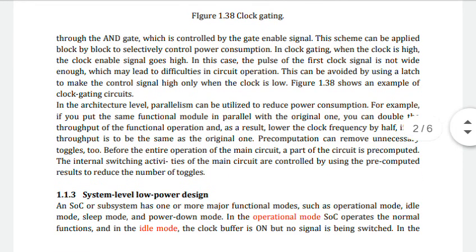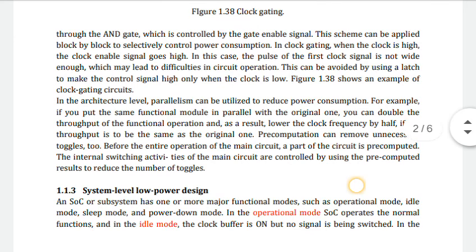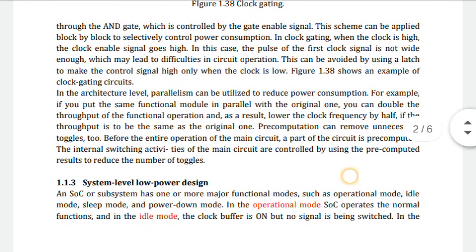In the architectural level, parallelism can be utilized to reduce the power consumption. If you put the same functional module in parallel with the original one, you can double the throughput of the functional operation and as a result lower the clock frequency by half.